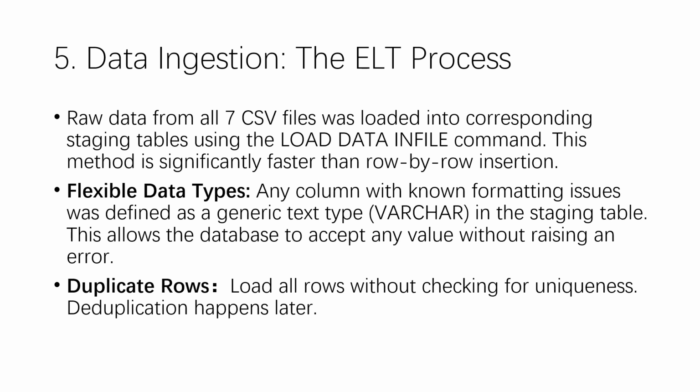To manage potential data inconsistencies during the load, several strategies were employed. First, flexible data types. Any column with formatting issues was defined as a generic text type in the staging table, which allows the database to accept any value without raising an error. Second, duplicate rows. All rows were loaded without checking for uniqueness, with the plan that they will be handled in a later step.